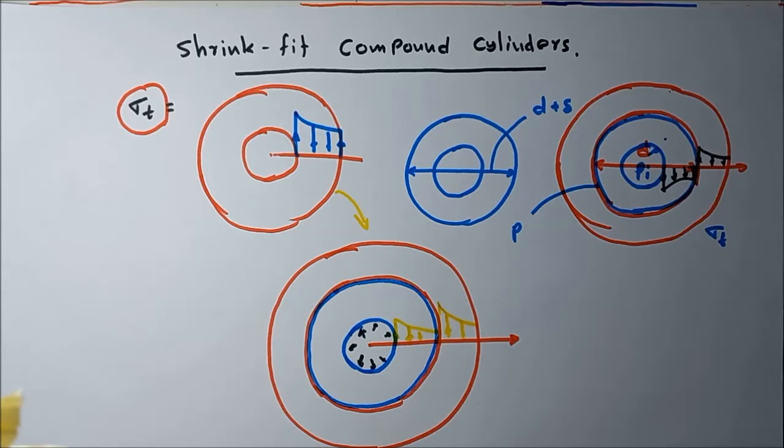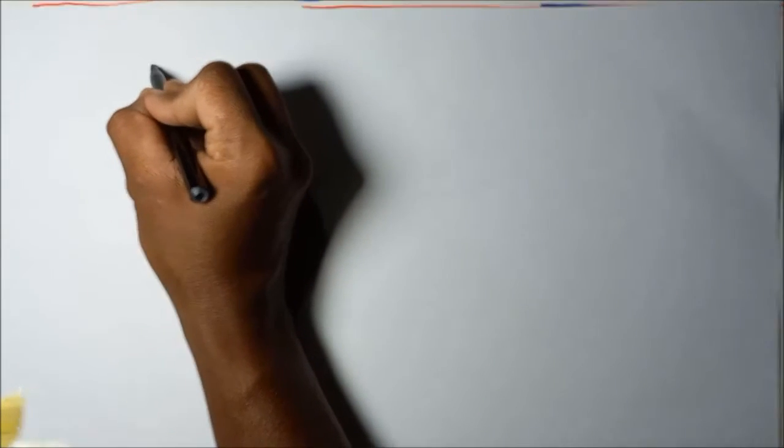Next we are going to do the mathematical calculation related to shrink fitting. Let's see how to mathematically model this effect using thick walled cylinder equations. Let me draw this.